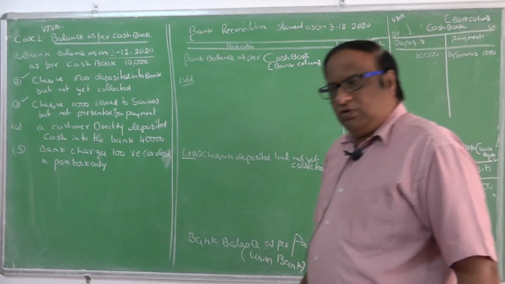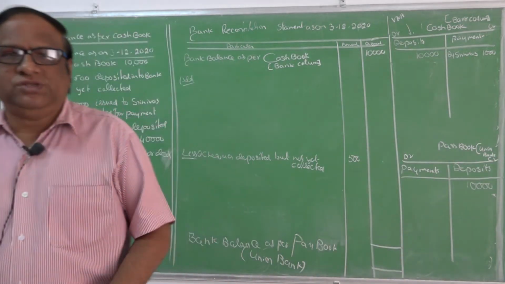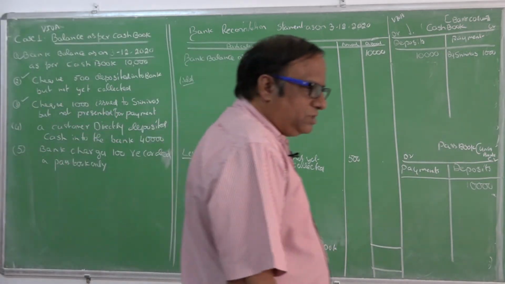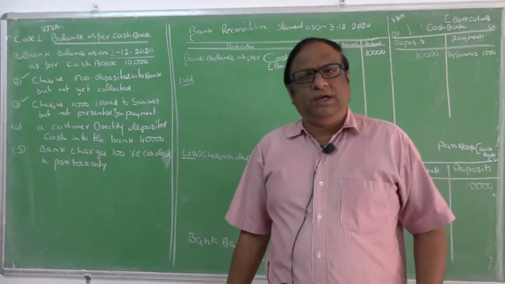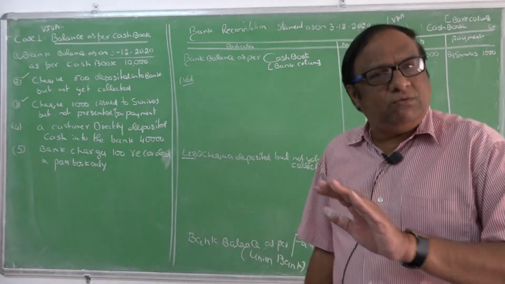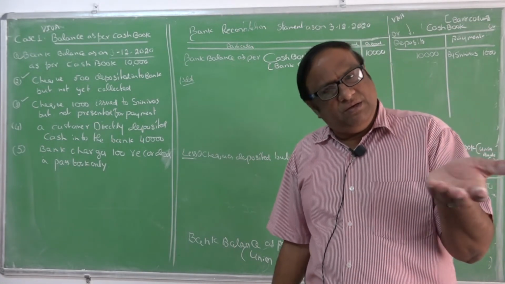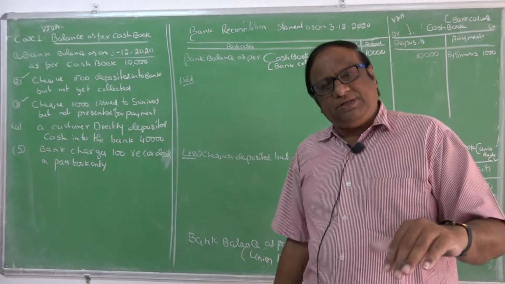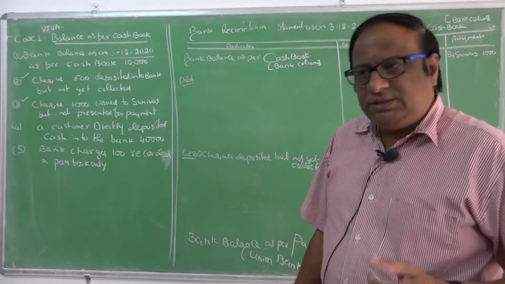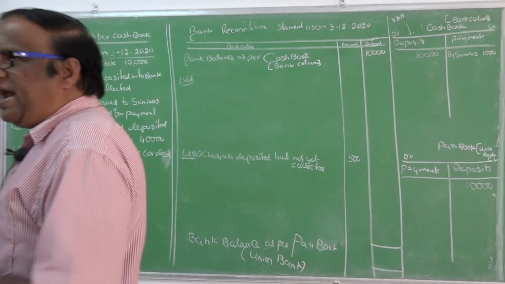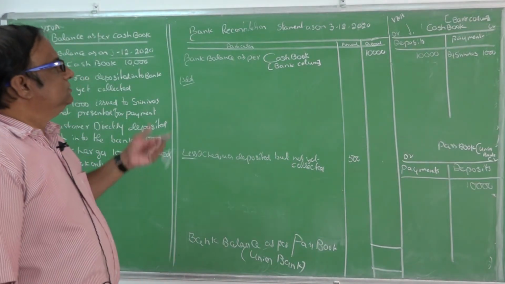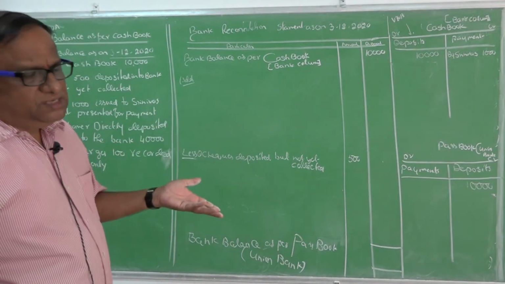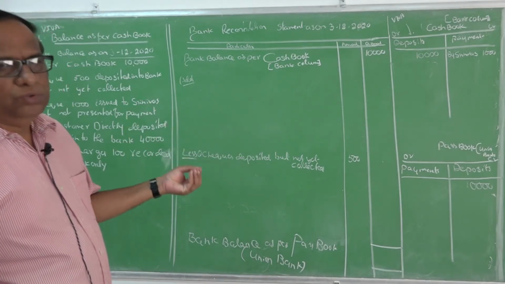So we never force Srinivas. After giving a check, we never force Srinivas to go to the bank and deposit it and collect the amount. We never make a force. We just give a check. On the impression that on the same day Srinivas may go to the bank and collect the money. But due to various reasons, Srinivas does not go to the bank.